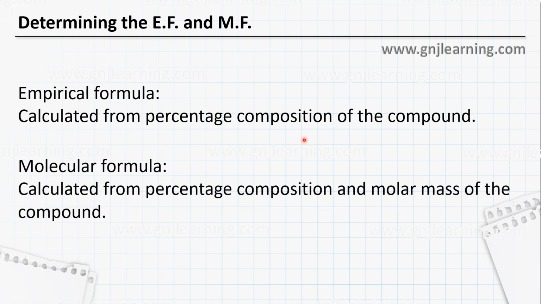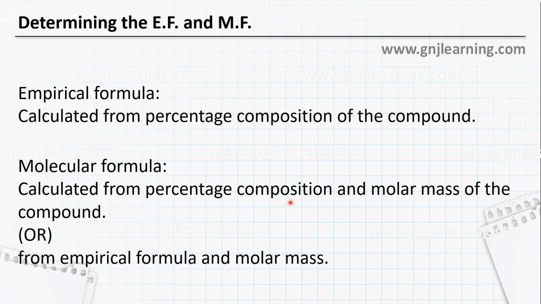For molecular formula, apart from the percentage composition, you also need the molar mass of the compound. Instead of percentage composition, you can also use the empirical formula and molar mass.